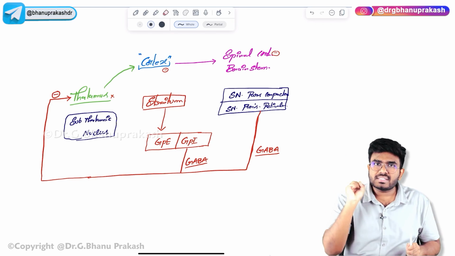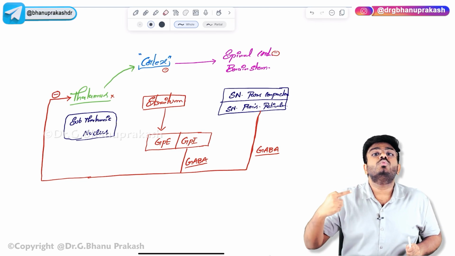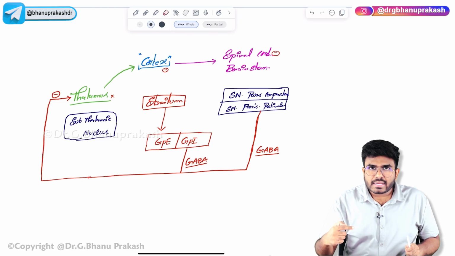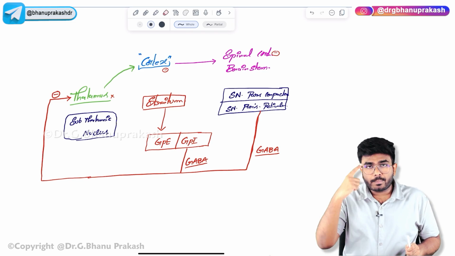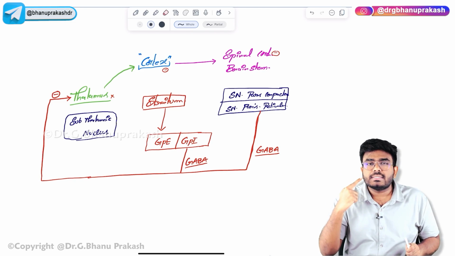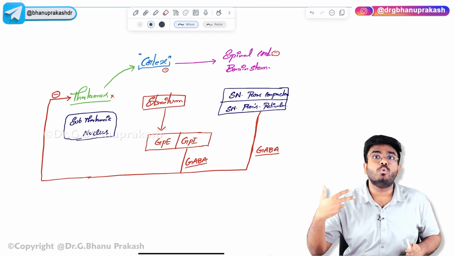So for these complex movements, you need the basal ganglia to be involved. The motor cortex, the premotor cortex, will consult the basal ganglia on how to perform this complex movement.